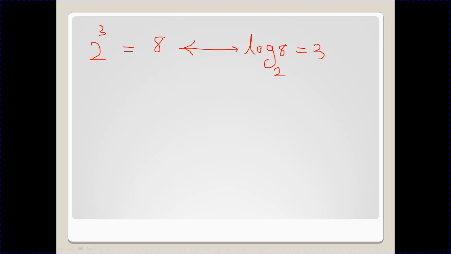Let me give you another example. What if I have 3 to the power 4 equals 81? This is an exponential equation. What is the corresponding logarithmic equation? Log 81 at the base of 3 equals 4. Let's have another example.